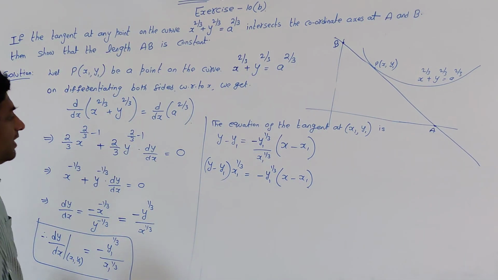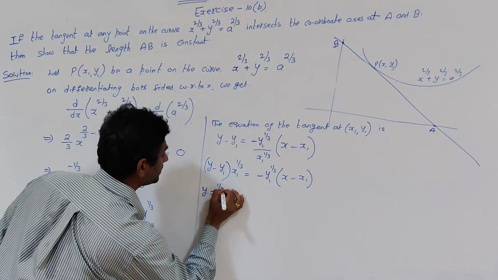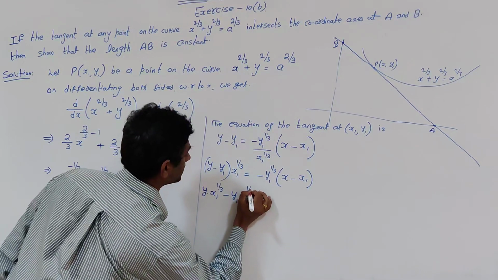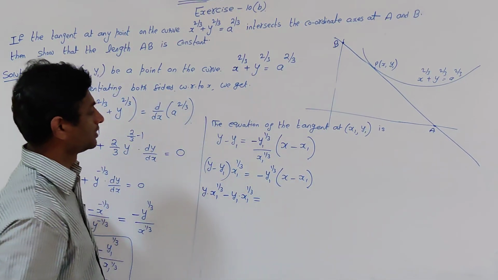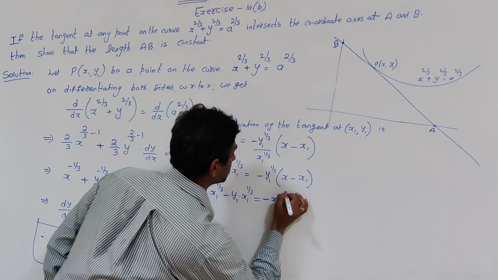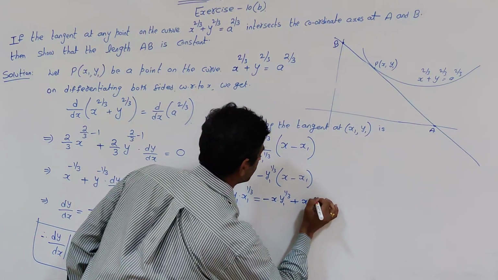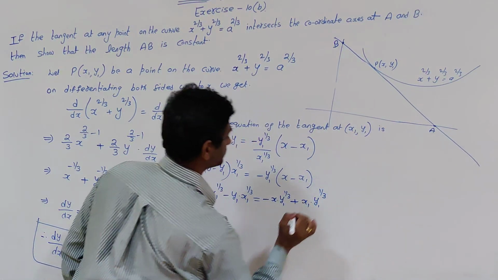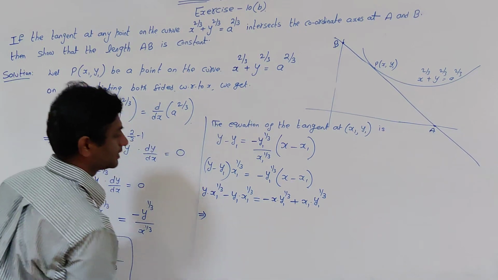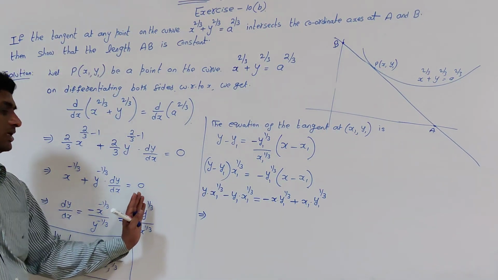Let us simplify further. y into x1 to the power of 1 by 3 minus y1 into x1 to the power of 1 by 3 is equal to, what does this give? Minus x into y1 to the power of 1 by 3, and minus into minus becomes plus x1 into y1 to the power of 1 by 3. Bring this minus x y1 to the power of 1 by 3 to the left hand side.